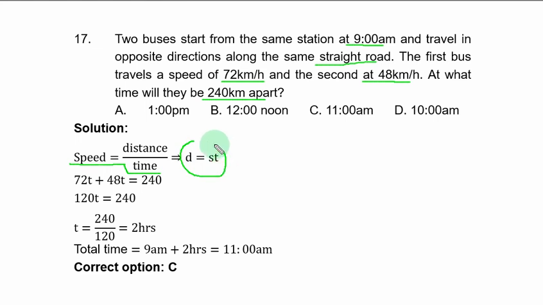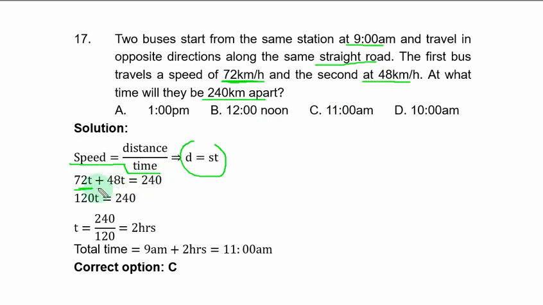From the journey, the first bus, the speed of travel is 72 km/h. Therefore, the distance for the first bus is 72 times time, which is t. That is what you have here. The distance for the second bus is 48 times the time involved, that is 48t.